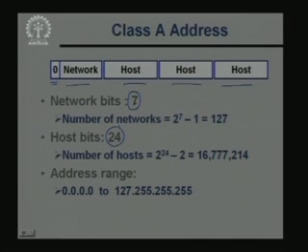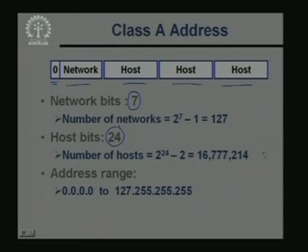In 7 bits, although the total number of combinations is 2 to the power 7 or 128, we shall see that out of them one particular combination is left aside for some other purpose. So, actually the total number of such network addresses we can have in class A will be 1 less, it is 127. Similarly, for the hosts, each of these class A networks can have of the order of 2 to the power 24 hosts.